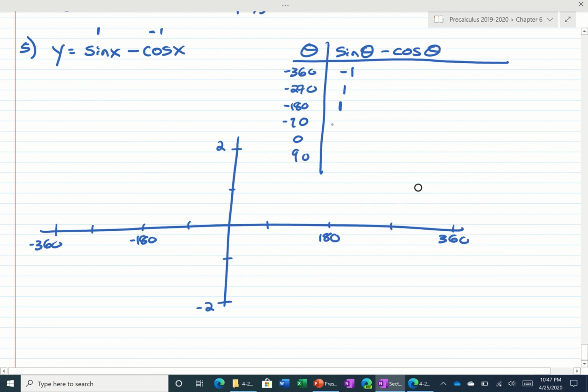I'm getting negative 1. Add 0. I'm getting negative 1. So I kind of see a pattern, right? Going negative 1, 1, 1, negative 1, negative 1, 1, 1. So 0 is negative 1, 90 is 1, and then it's going to be 1, 1, then negative 1, negative 1. So I'd imagine the graph looks something like this.